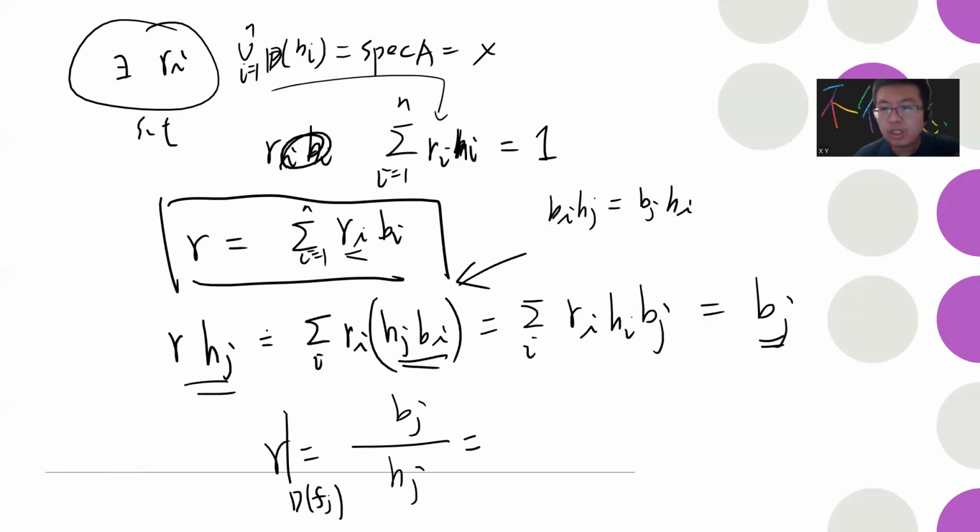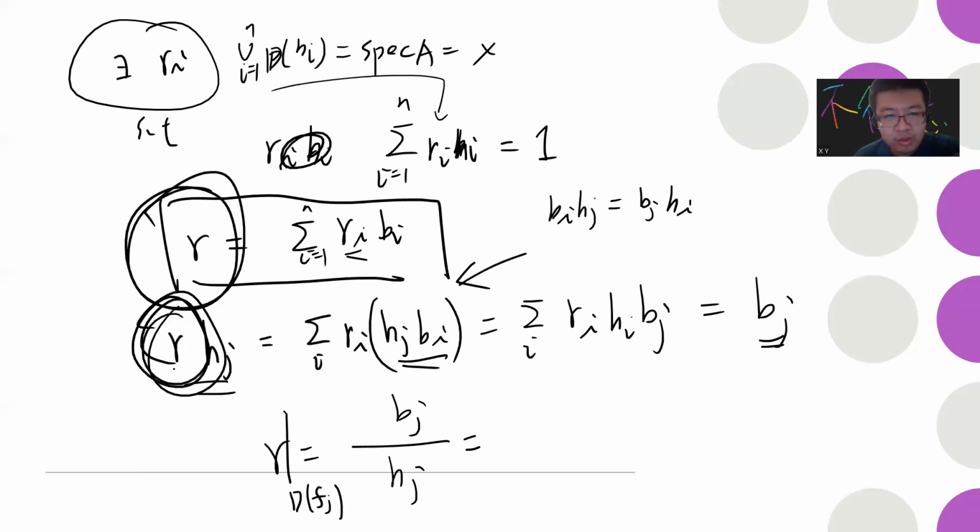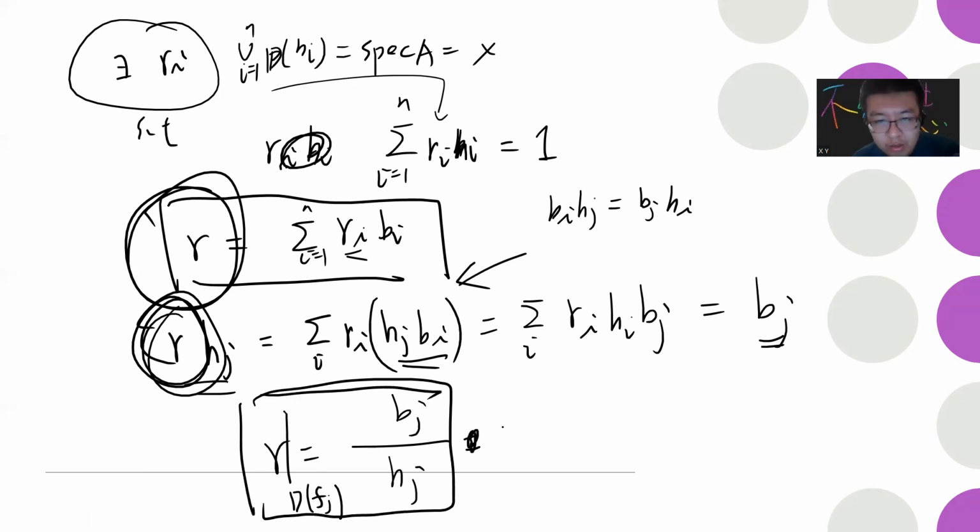So now you get your answer, you get your whole ring element r. When you restrict this r to the distinguished open set of f_j, you get b_j divided by h_j. So this equation is true in D(f_j).